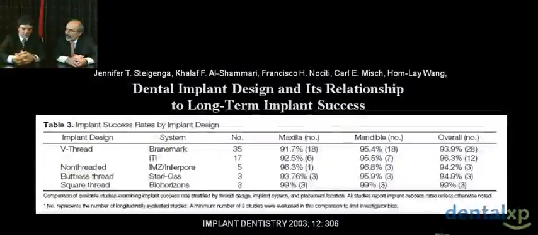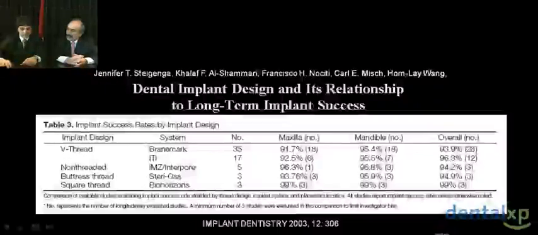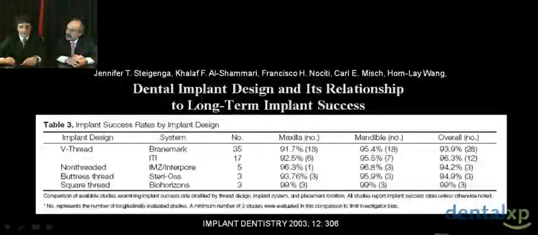So this is clinical data, not related to the computer simulation, but from clinical studies. This is a literature review of the implant design, thread design, and it seems that square threads effectively can behave better, showing a higher percentage of success both in the maxilla and in the mandible in these 3 follow-up studies.